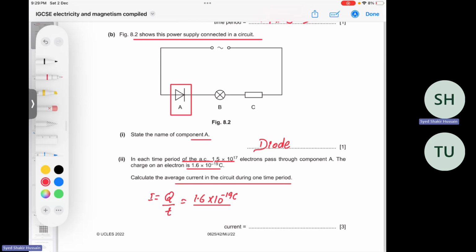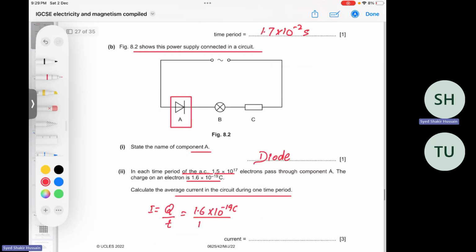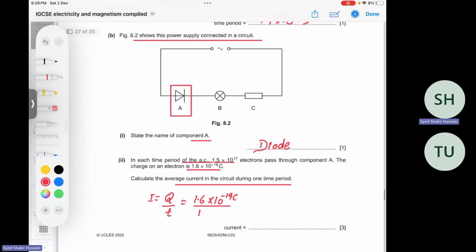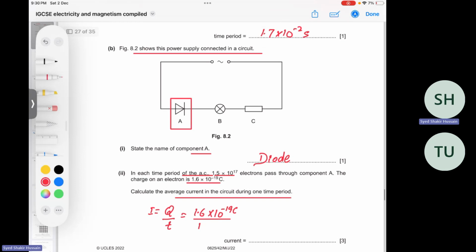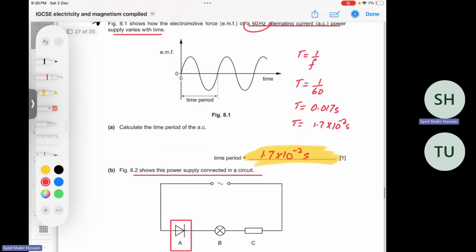No. It says in one time period. Where do I get that from?